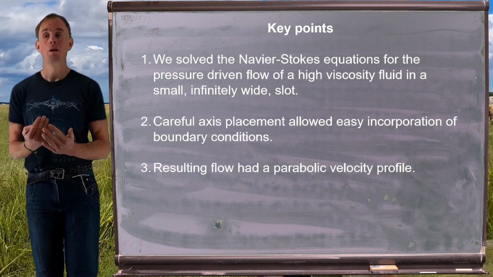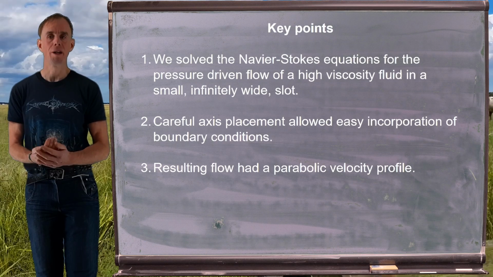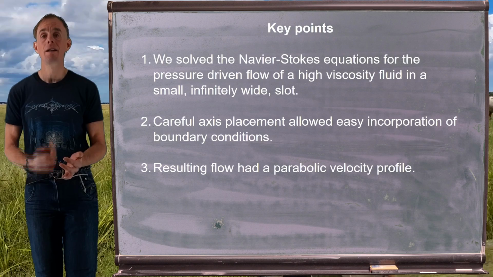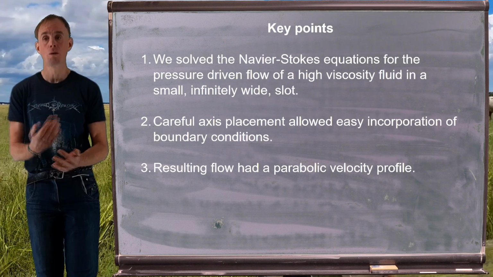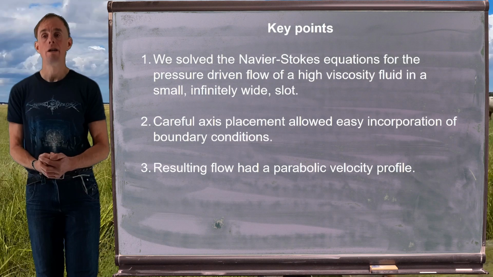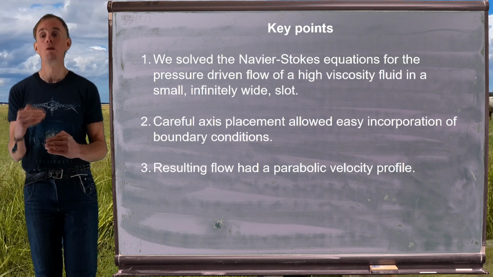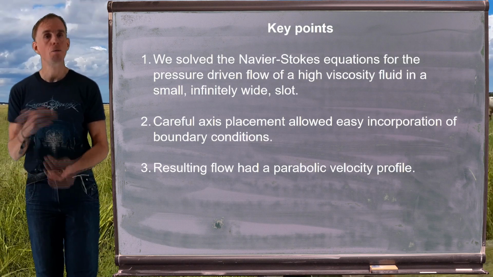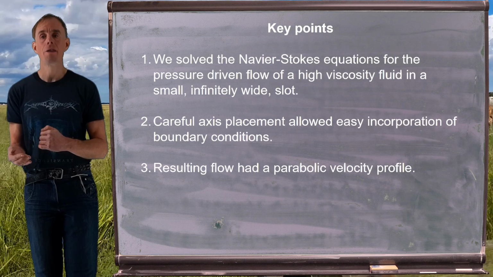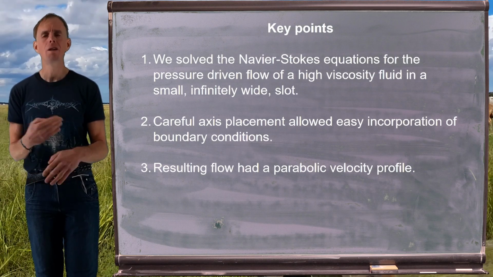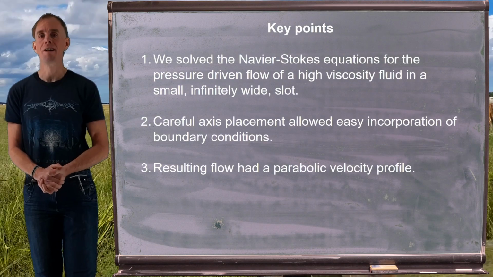We ended up with a flow profile that was parabolic, and this was in a Cartesian coordinate space, and so one of the key learning points here is that in the Cartesian coordinate space, for pressure-driven flow, if the flow is unidirectional, you're going to get a parabolic velocity profile of some sort or other, depending on what the walls are doing. If the walls are stationary, it's purely parabolic. If the walls might be moving, then there will be a parabolic component superposed onto something else. And we'll look at what that something else is in the final part of this lesson.